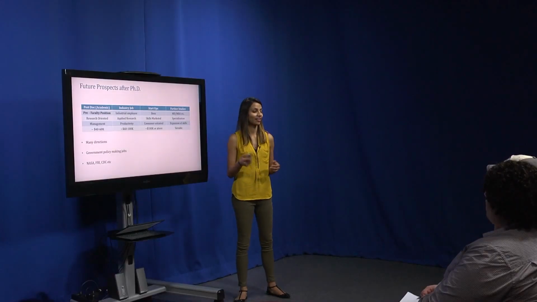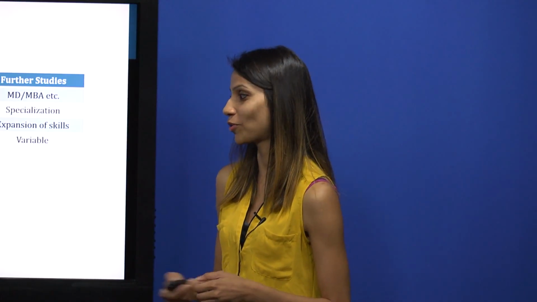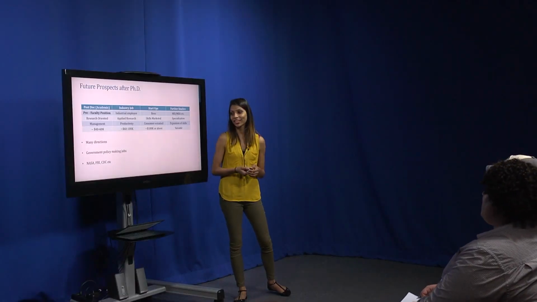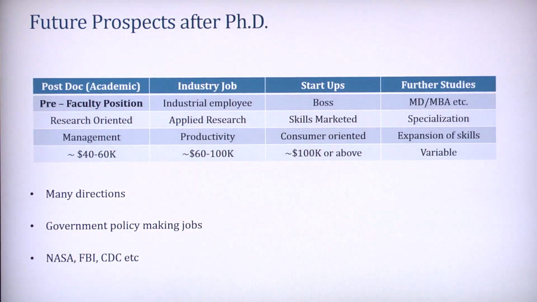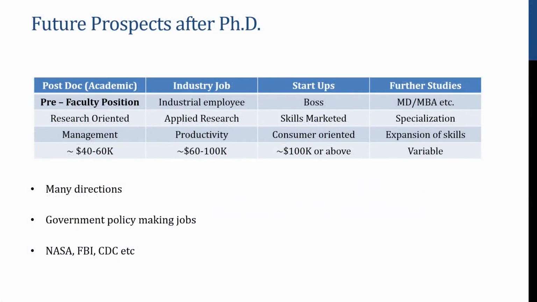And also sometimes we see in very popular shows, some PhD people get to work with NASA, FBI, CDC, and all those really fancy jobs. And work with zombie-related viruses, so it's fun.